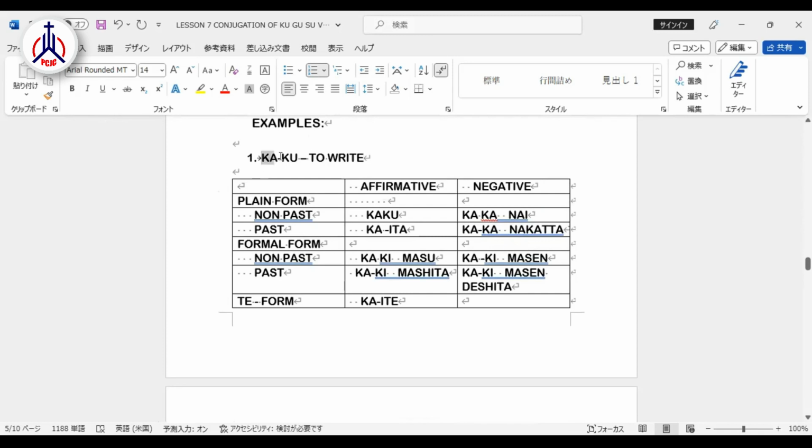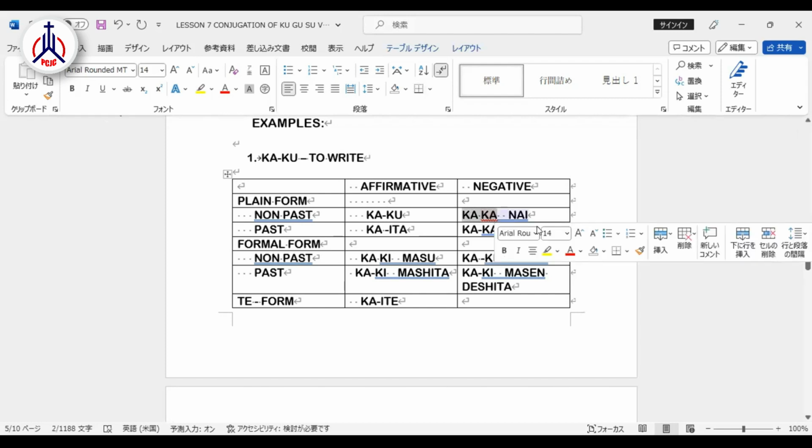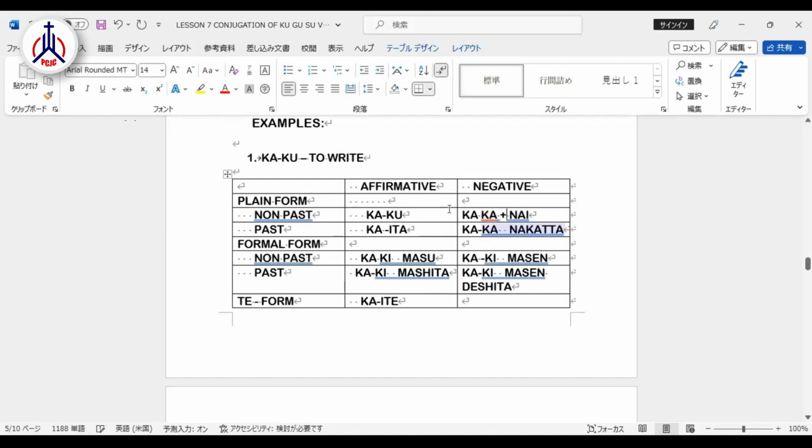The word kaku is again a dictionary form. It's affirmative, non-past, which means the present. If we conjugate this, kaku will become kaka, and then plus nai, so it will become kakanai.